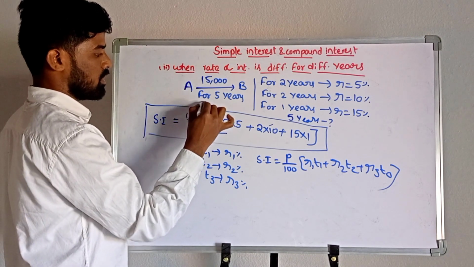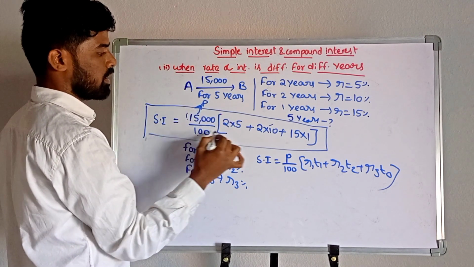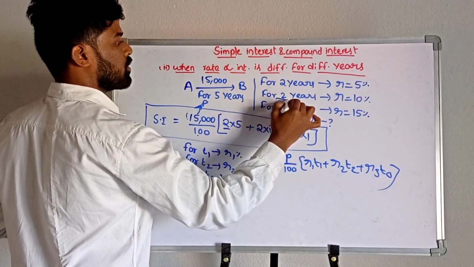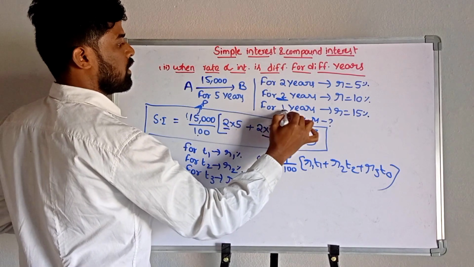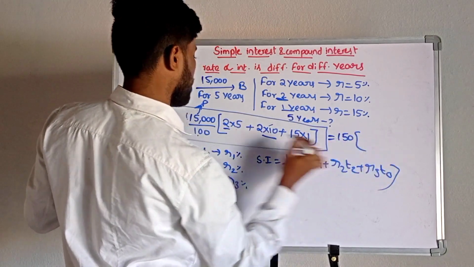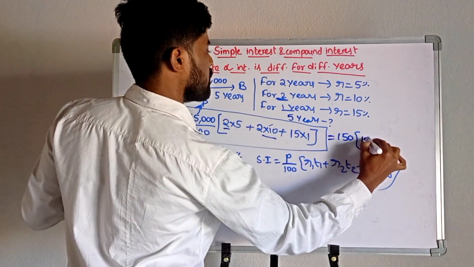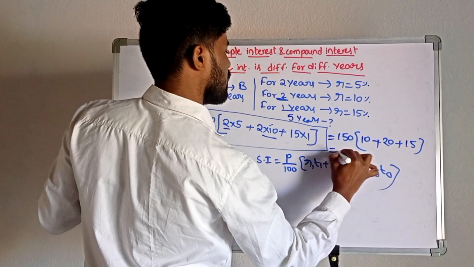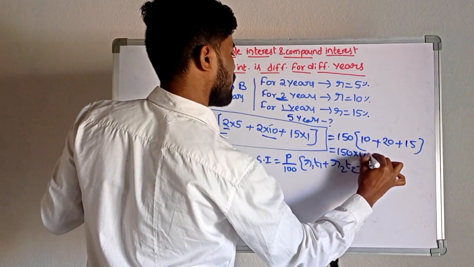15,000 is the principal. Principal divided by 100 into R1 T1, 2 into 5, R2 T2, 2 into 10, and 1 into 15. This can be written as 150 into 10 plus 20 plus 15, which is 150 into 45.